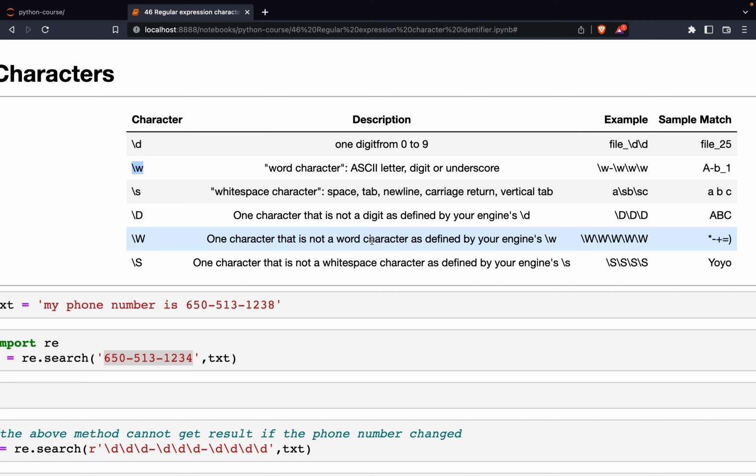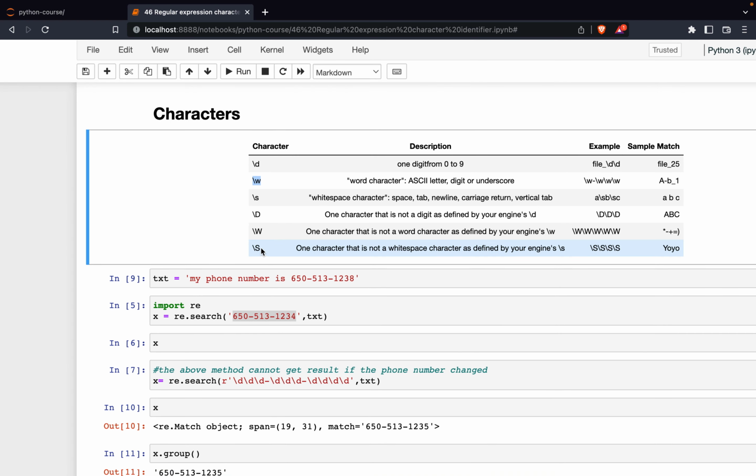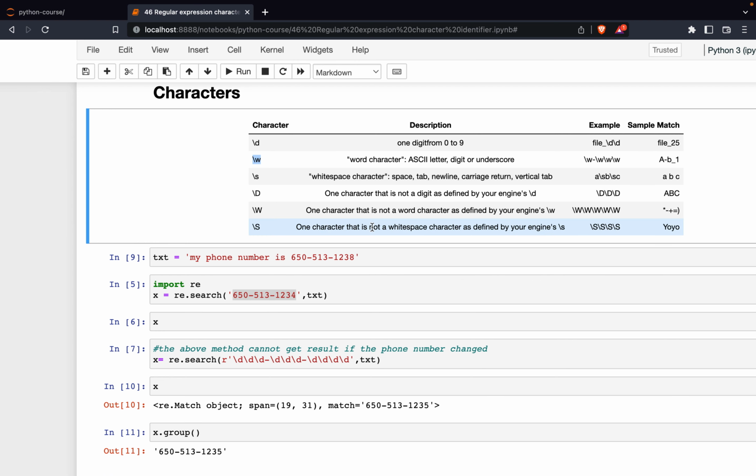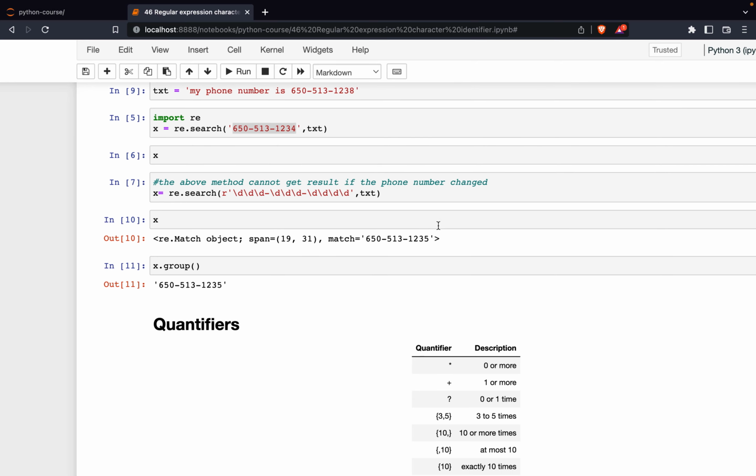If this is \W, then this is a character that is not a word character. So it cannot be ABC, it can be something like a symbol, and so on. And \s stands for space, then the uppercase \S means it's not a white space character.